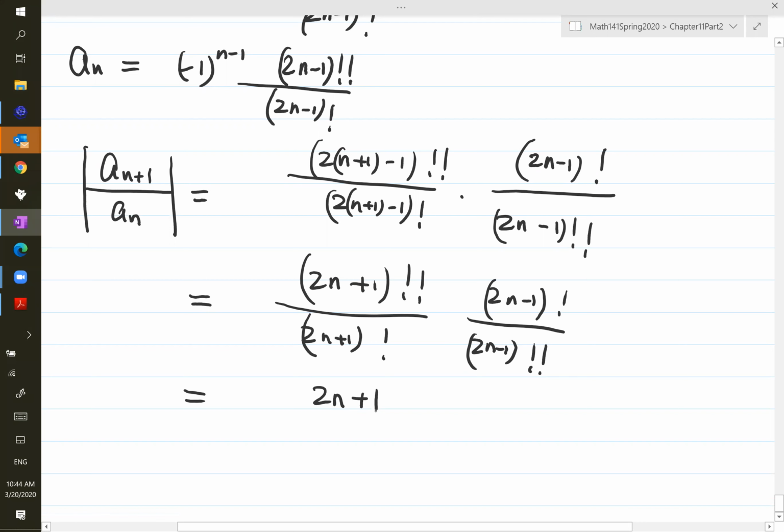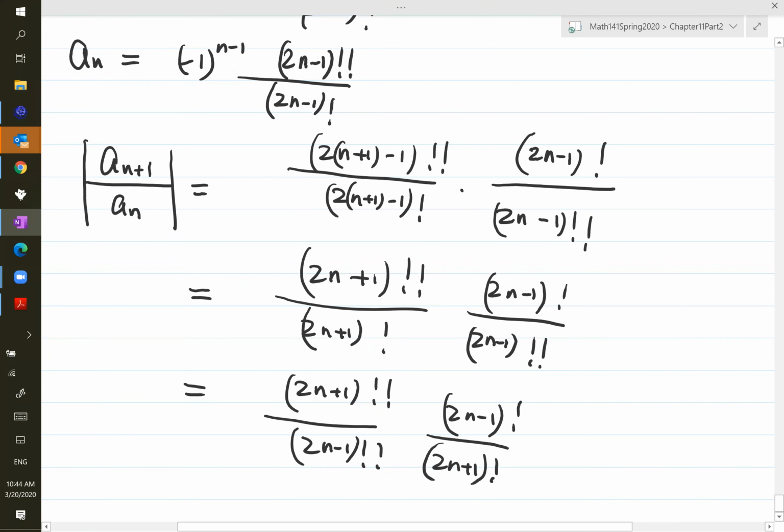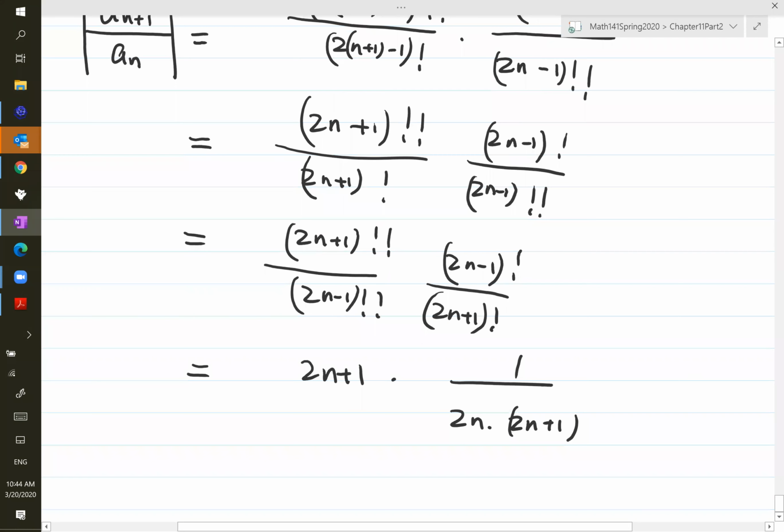If you write more terms, this will be (2n+1) double factorial with (2n minus 1) double factorial, and (2n minus 1) factorial over (2n+1) factorial. The first factor gives us 2n plus 1. The second gives us 1 over 2n times (2n plus 1).